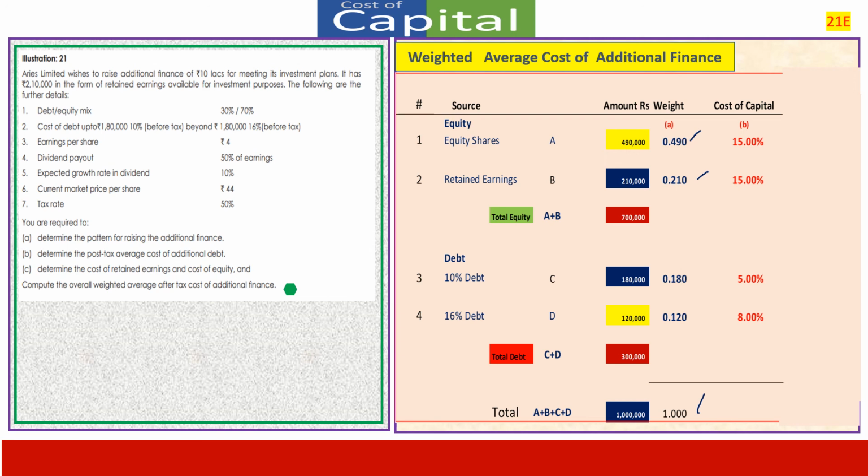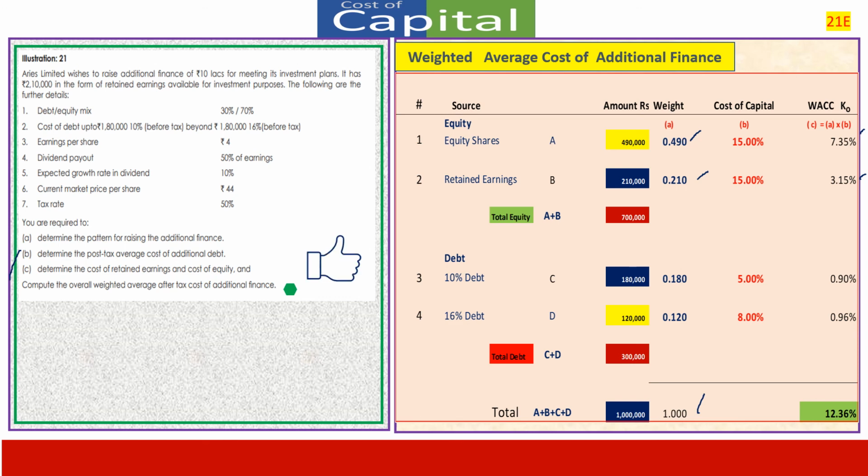We have got cost of capital, 15, 15, 5 and 8. We multiply the percentage by the weight: 7.35, 3.15, 9 and 0.96. This is what we got when we calculated weighted average cost of capital in the other template under answers B and C also.